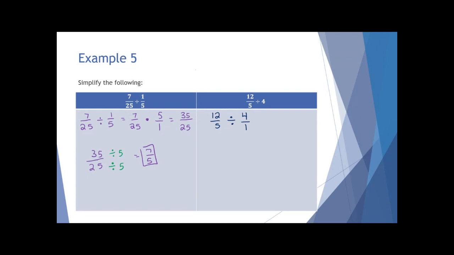Because that way when you flip it and change to multiplication, it becomes 1 over 4. So then we can multiply straight across. 12 times 1 is 12, and 5 times 4 is 20.